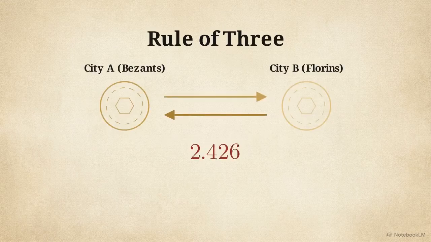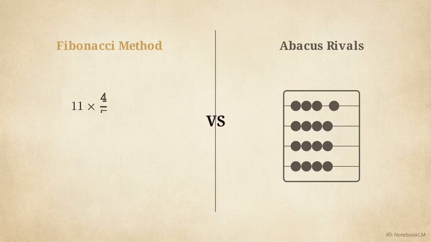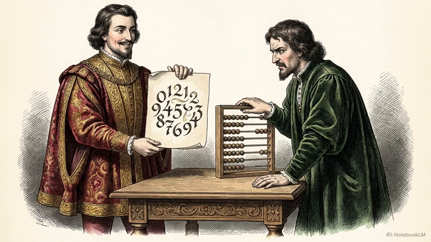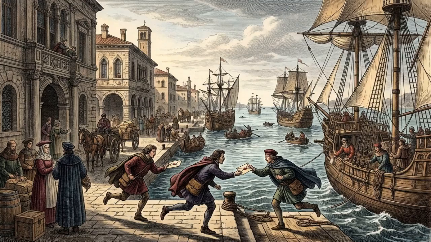Applied to money, merchants rapidly calculated conversions to exploit market mispricings before abacus-using rivals could finish. This applied mathematics gave Italian merchants a quantitative edge. They could negotiate faster and execute Mediterranean trades with a precision their competitors couldn't match.